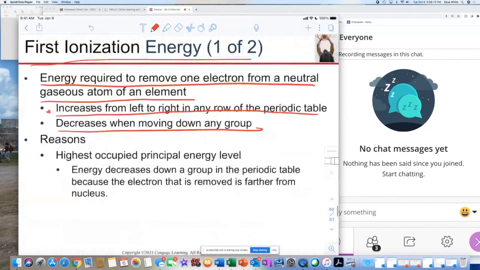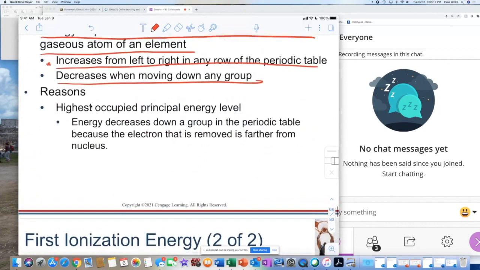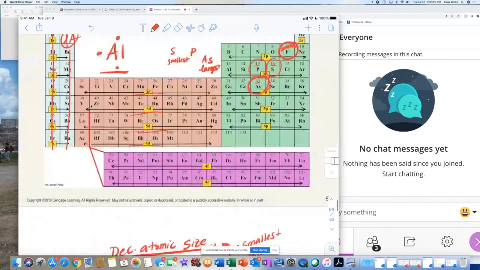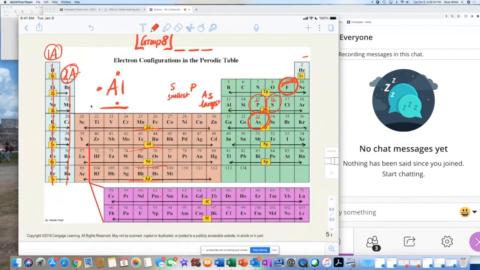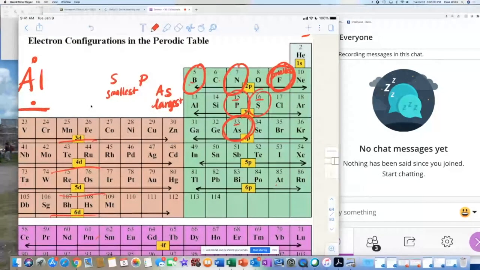So B, N and F. We're trying to arrange these elements according to increasing ionization energy. You want to have your periodic table again. This is B right here. This is N. This is F. You can see B, N and F is actually arranged according to decreasing size, from left to right.